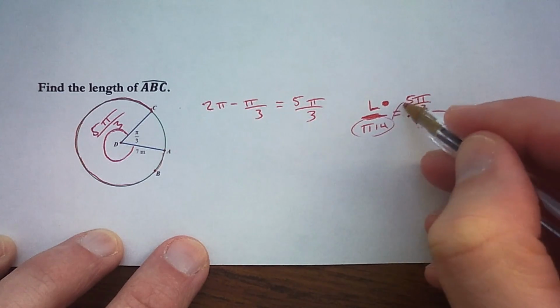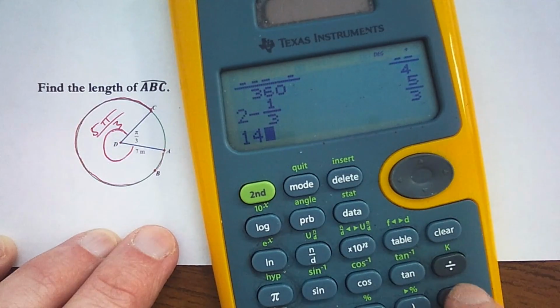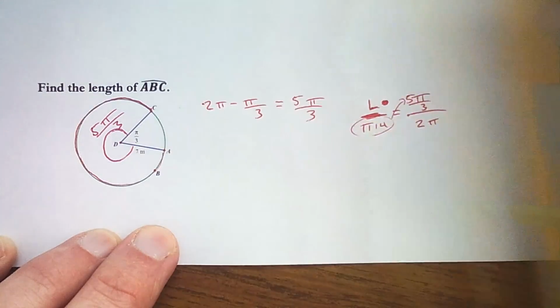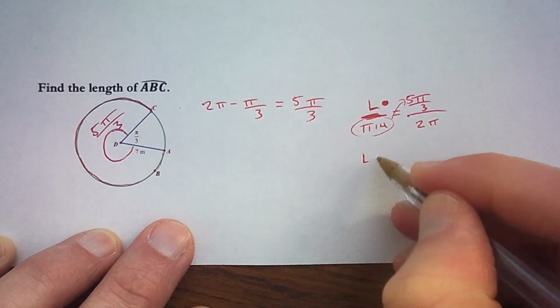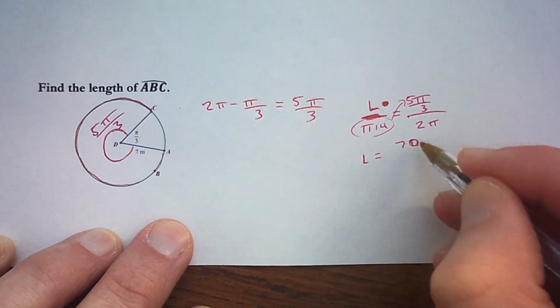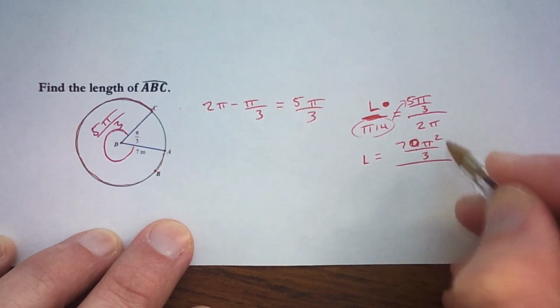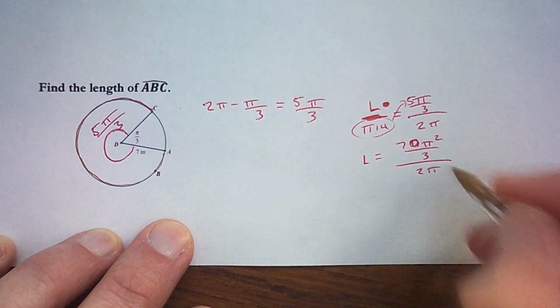So I will multiply this across. So I've got 14 times 5, and that is 70. So I've got the length is 70 pi times pi, so 70 pi squared over 3, all over 2 pi.